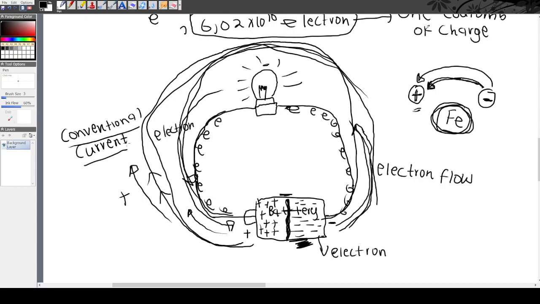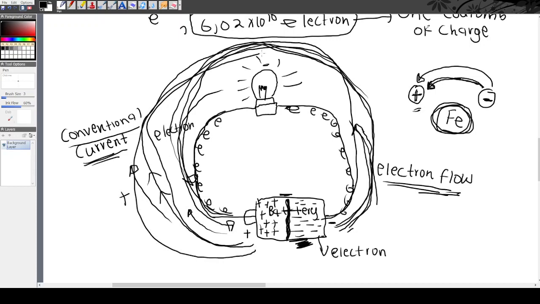Conventional current is what we use in electric circuits. But the electrons flow from the negative terminal to the positive terminal of the battery. We don't use electron flow in electric circuits; we use conventional current. In other words, we assume that electricity starts at the positive terminal and goes to the negative terminal of the battery.